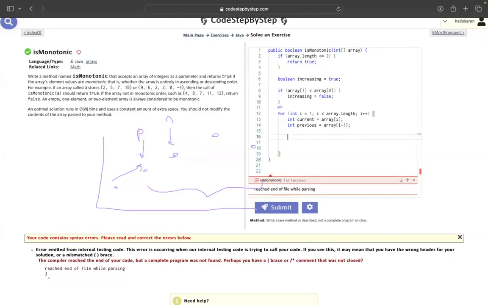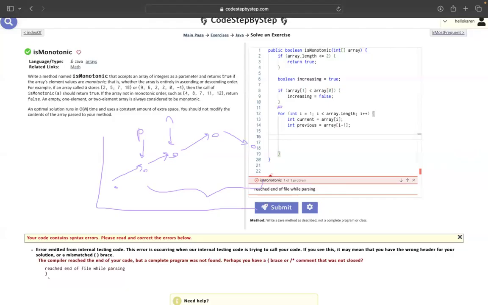So is now less than previous? Because as soon as you sense a break in the pattern, you can return false. So in this case, does this break the pattern? No. Does this break the pattern? No. Does this break the pattern? Yes. And so we can instantly return false.